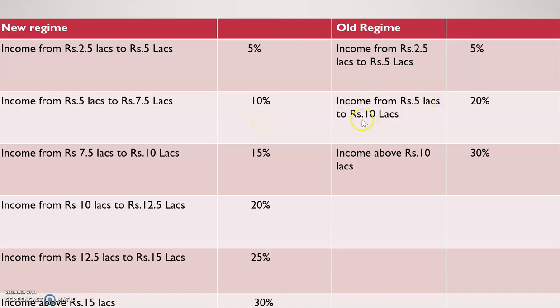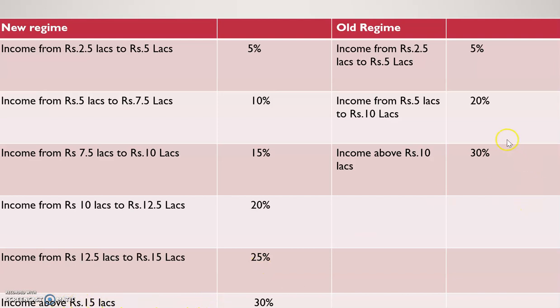Previously income from 5 lakhs to 10 lakhs was 20%. Income from 7.5 lakhs to 10 lakhs in the new regime is 15%. However, in the previous old regime, income above 10 lakhs would be 30%. Income between 10 lakhs to 12.5 lakhs is 20%, and income between 12.5 to 15 lakhs is 25%, and income above 15 lakhs is 30%.